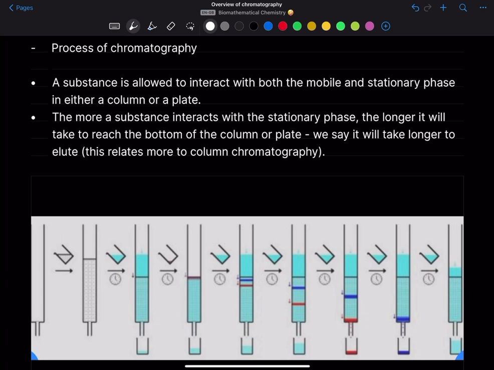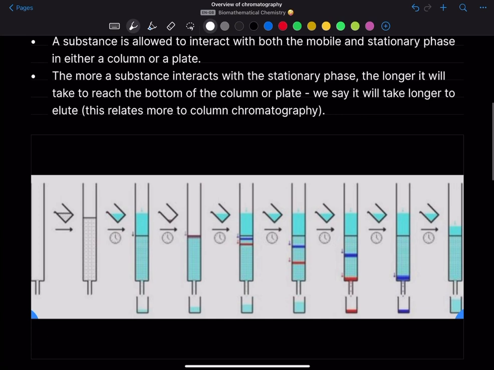Elution relates more to column chromatography, where you have a column and you're seeing how long it takes. You have some sort of solid support, like the walls of the container or a stem in the middle, and that acts as the stationary phase, and the mobile phase is the solvent. You're seeing how long it takes for our sample to reach the bottom.